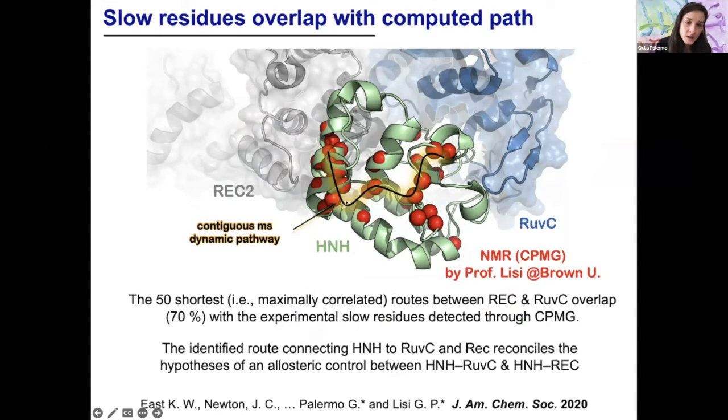And what we could observe is that the pathway obtained with molecular simulations was overlapping with residues that were shown by NMR, by our collaborator, George Lisi at Brown University, residues that were shown to be slow through CPMG relaxation dispersion, which was an indication that this could have been the route for the information transfer, connecting the site of DNA binding to the site of DNA cleavage.